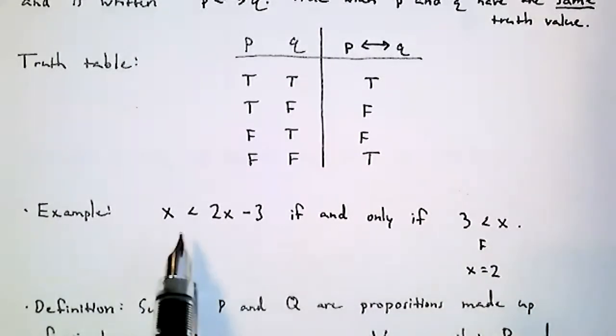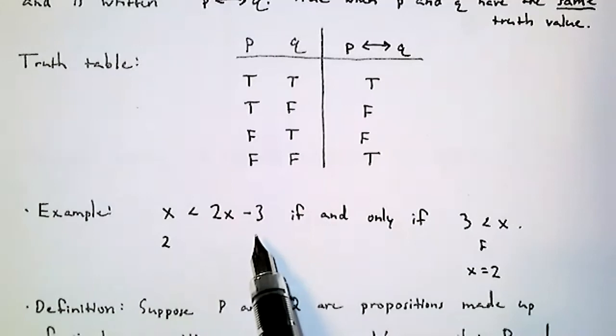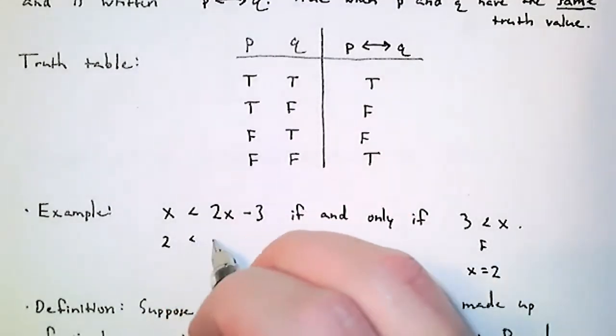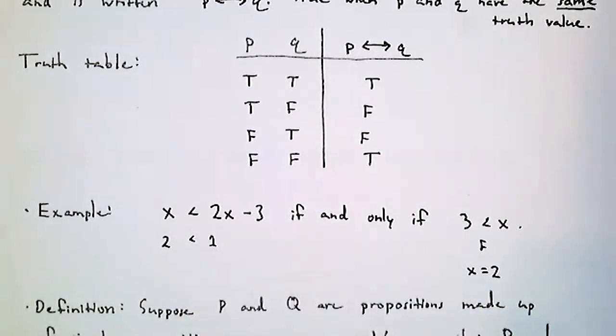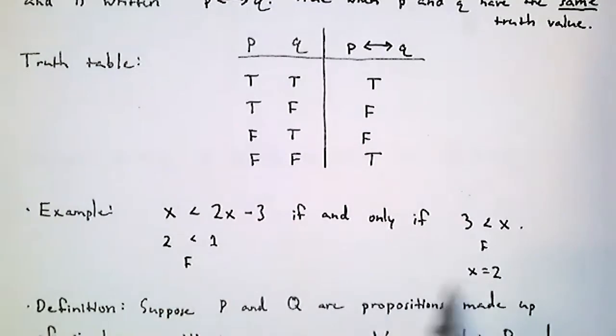And if I plugged in 2 over here, you would have 2 on the left, and then 4 minus 3. So that's another false. So as long as they have the same truth value, this works.